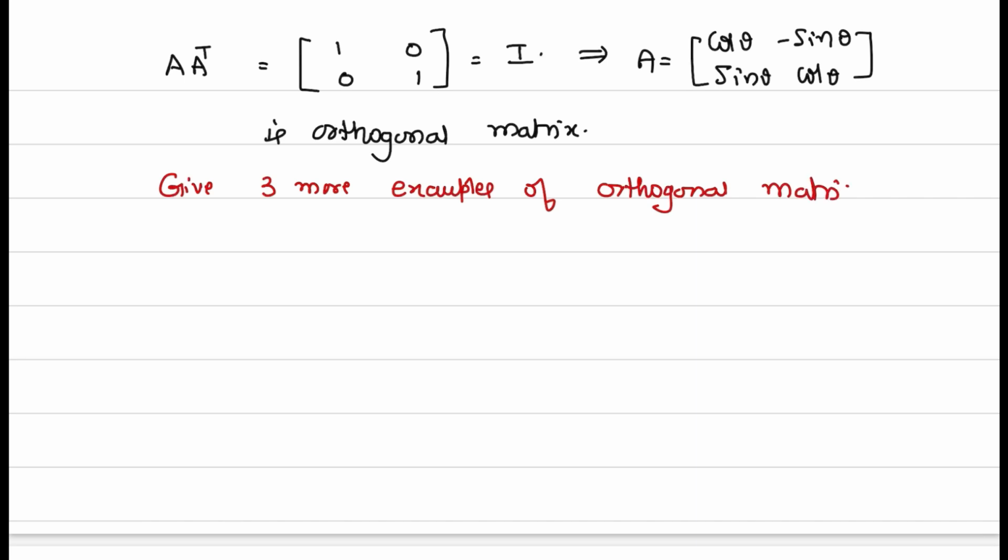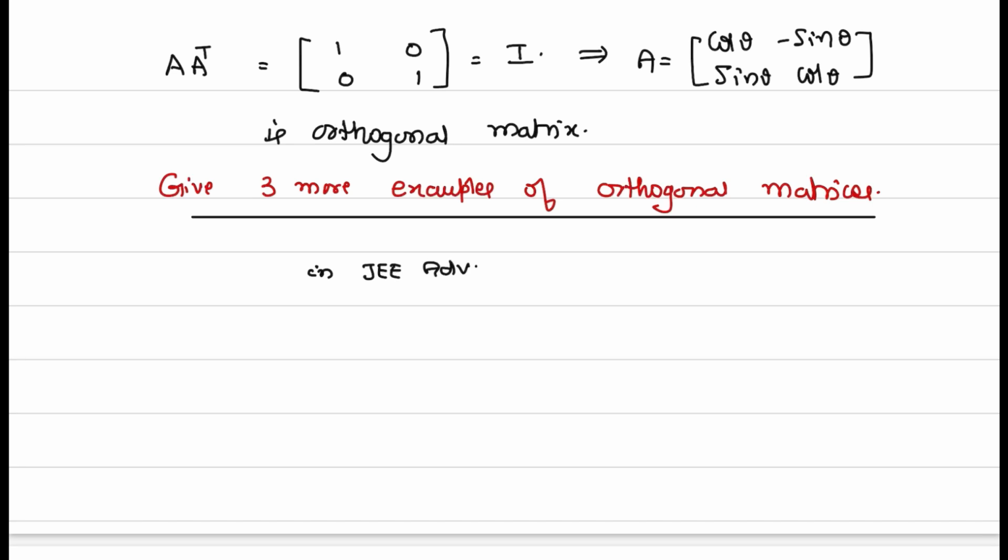Even though it is not clearly stated as orthogonal matrix in IIT JEE Advanced 2025, there is a question given on the same concept. It's a very important concept. Please try to remember this. There is a question given on the same type of concept in JEE Advanced, and there can be this type of questions in JEE Mains also. We cannot ignore it.